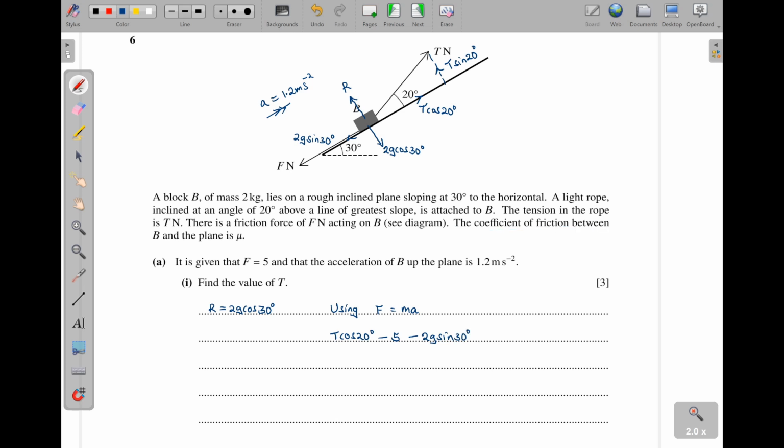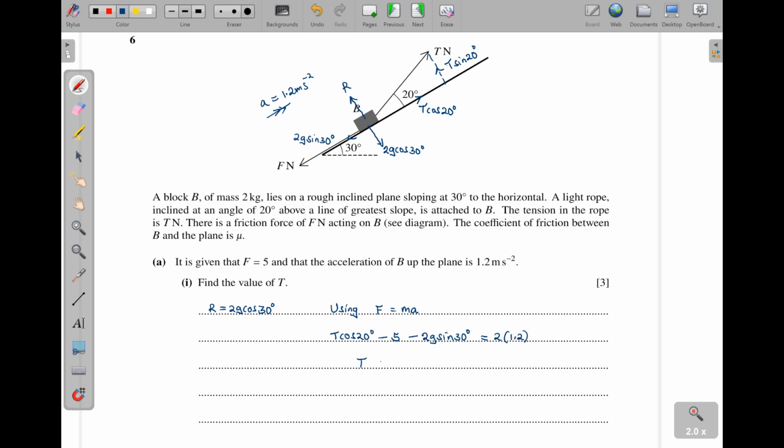Now, the frictional force, I would have put here mu R, but this mu R is the F here. It's already given in there. You see this frictional force F, which is given as 5. Then it's equal to the mass, 2, times the acceleration, 1.2.